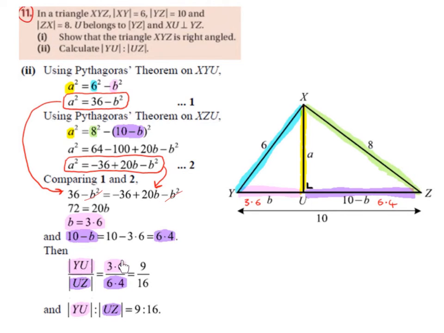Remember YU is 3.6 and UZ is 6.4. And 3.6 divided by 6.4 is 9 over 16. So YU to UZ is going to be 9 to 16. So basically the line YZ is in the ratio of 9 to 16.